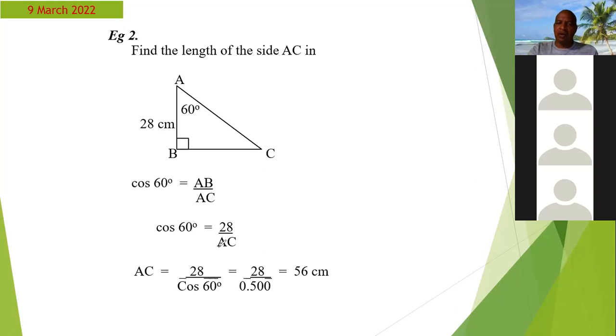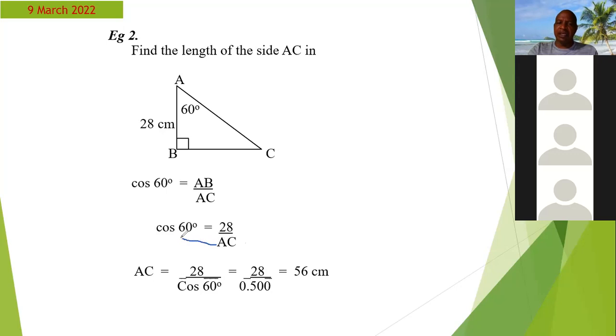We want to make AC the subject, which is what we used as x in the previous workout. It is in the denominator, and we want to get it in the numerator, on the other side, so that we can make it the subject.